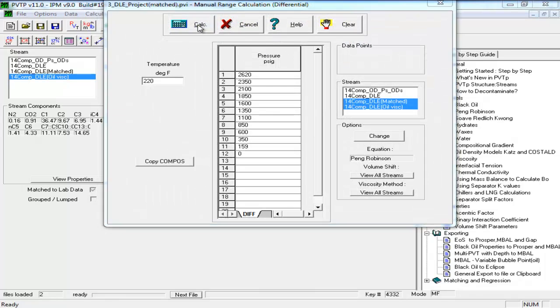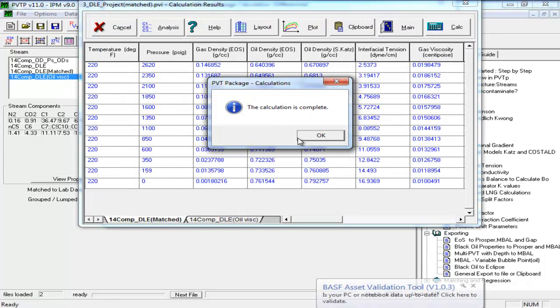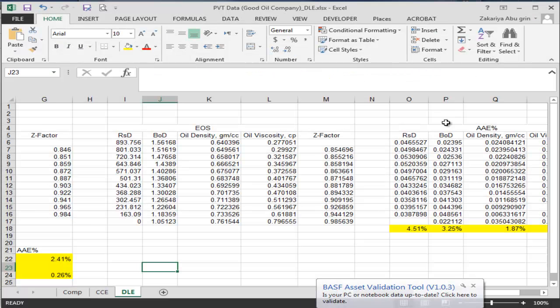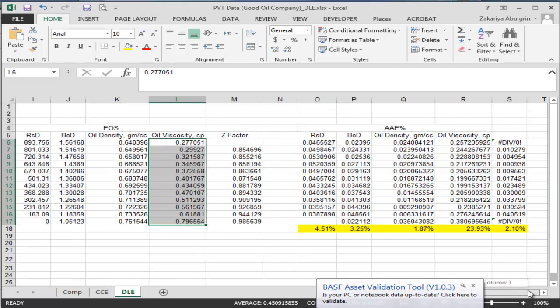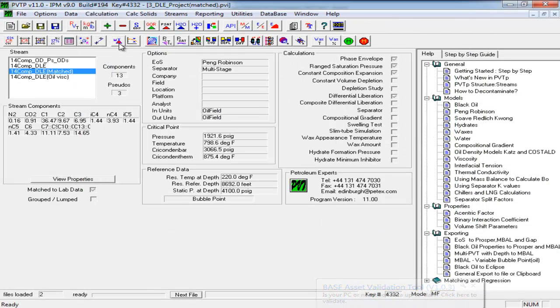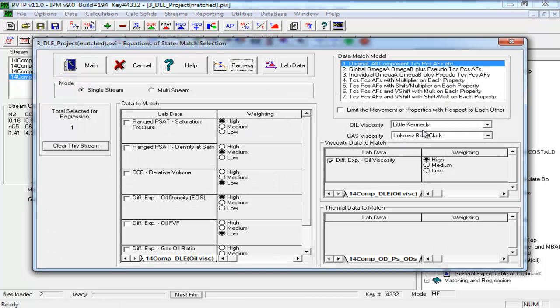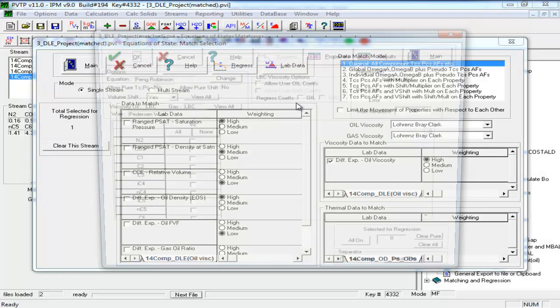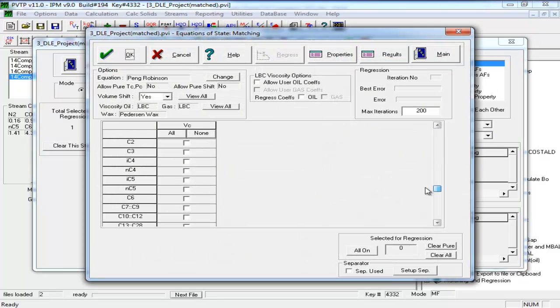Then, differential. So yeah, with this model, we are not able to achieve matching. Maybe we use this one, and you see that you use critical volume.